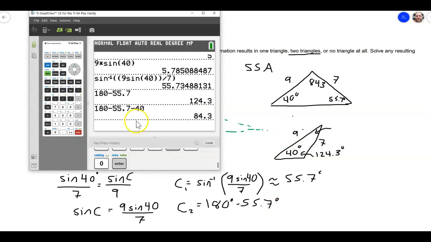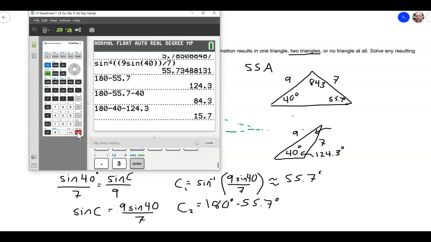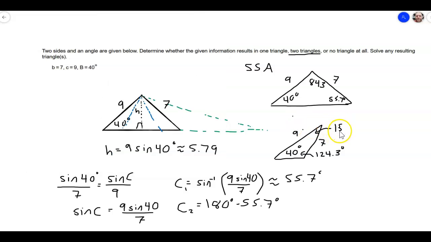So we're going to do 180 minus 40 minus 124.3. And that's going to be 15.7 degrees. Very small, 15.7 degrees.